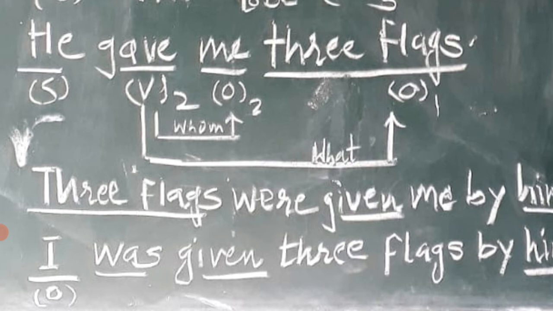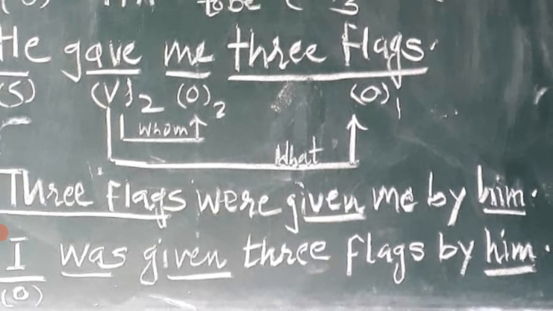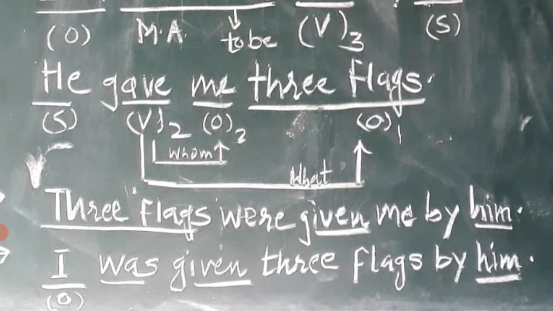That's why I have written 3 flags were given me by him earlier, and later on I was given 3 flags by him. In these 2 passive sentences, we find that in the first one I have preferred 3 flags, which is a direct object, and in the second one me is converted into its original form I. Afterwards, for the rest, as part of the rule, you have to choose the appropriate to be form.